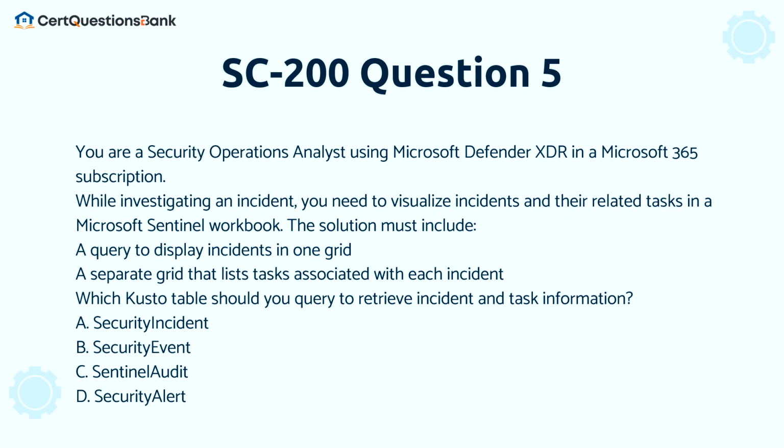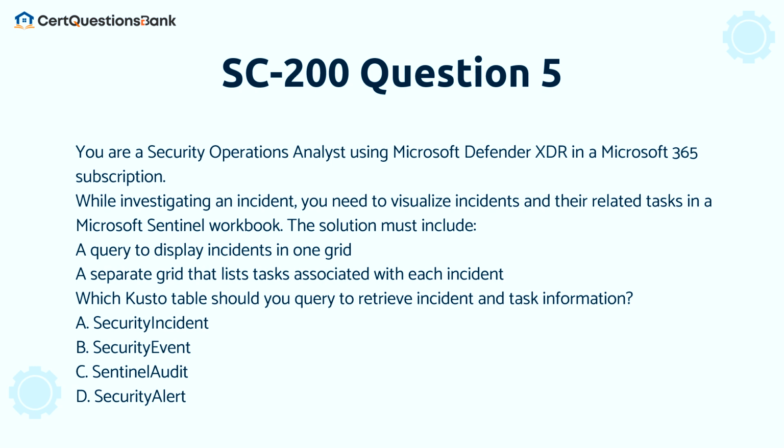You are a security operations analyst using Microsoft Defender XDR in a Microsoft 365 subscription. While investigating an incident, you need to visualize incidents and their related tasks in a Microsoft Sentinel workbook.